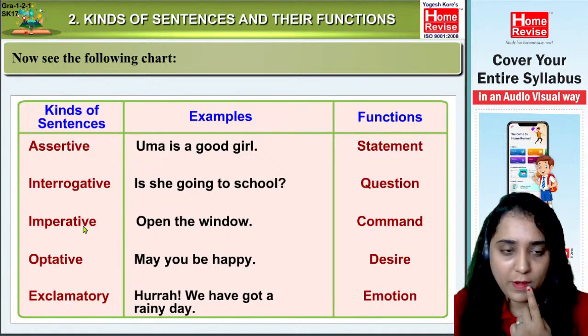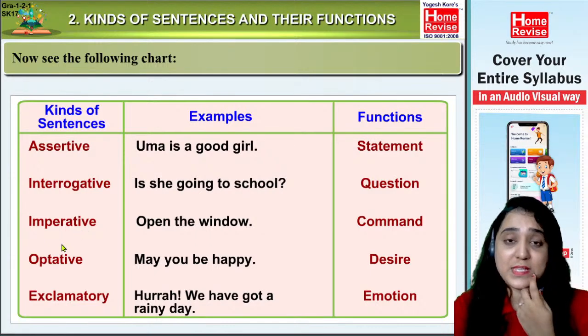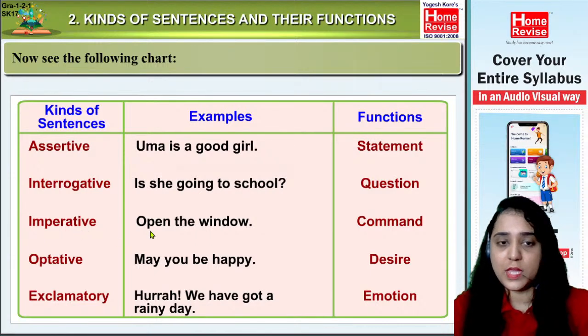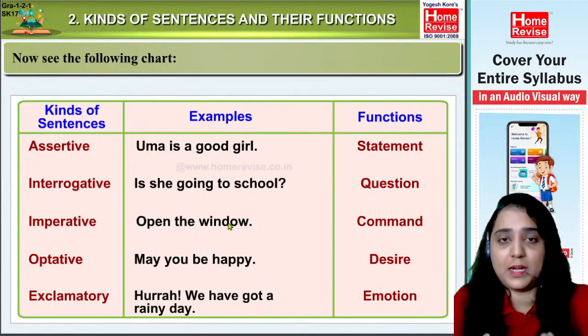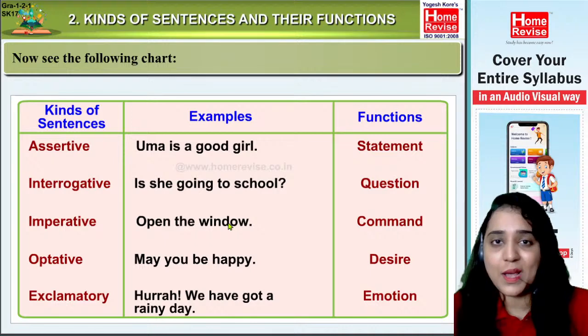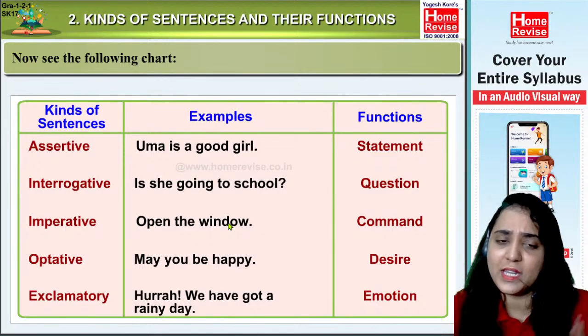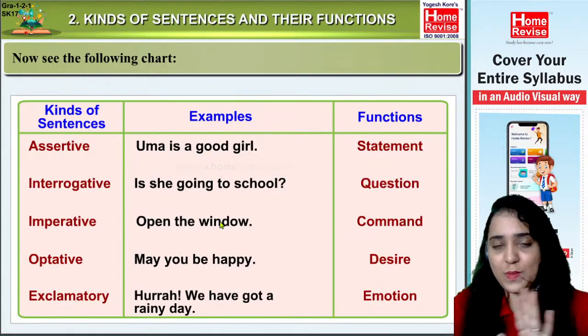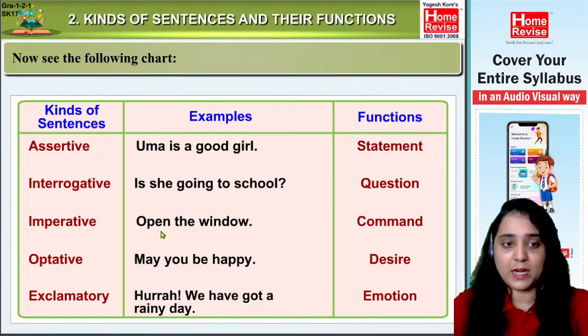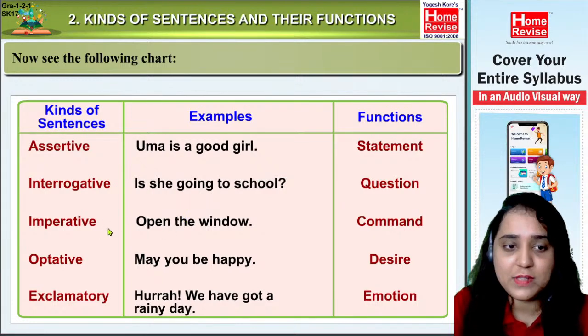Then coming to the imperative one. When we talk about imperative, it is basically command or request. So देखिए यहाँ पे it is written as open the window. Like I am giving a command like open the window. So this is a command given to you. अब जैसे पढ़ोगे ना, when you read the sentence, you will automatically understand whether it is a command or not. So as this is a command, it is included in the imperative statement.